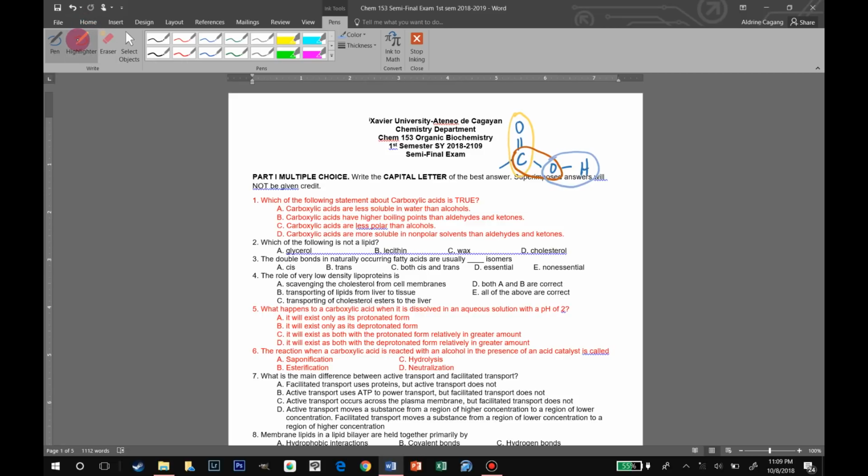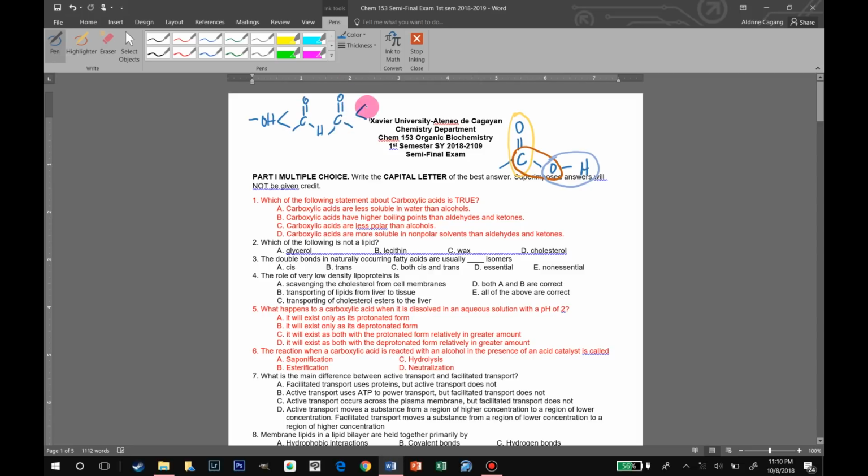So if we're going to compare the functional groups, we'll start with the alcohols. Your alcohols, OH, are polar, then followed by your aldehydes and ketones. Your aldehydes and ketones are relatively within the same ballpark in terms of polarity.